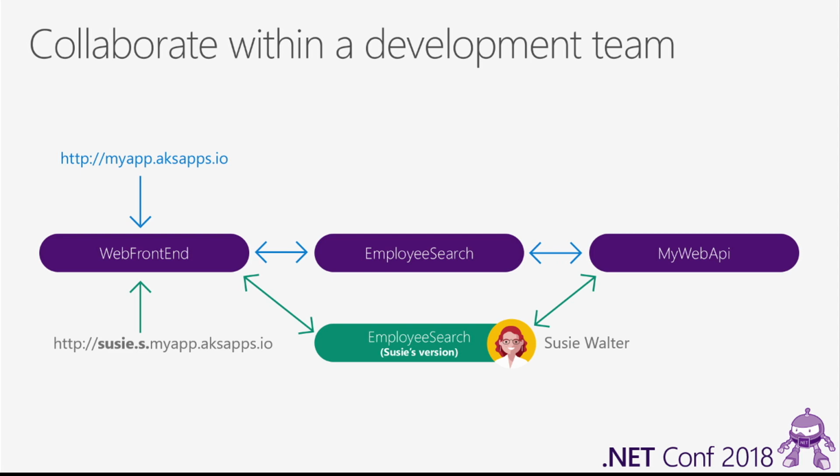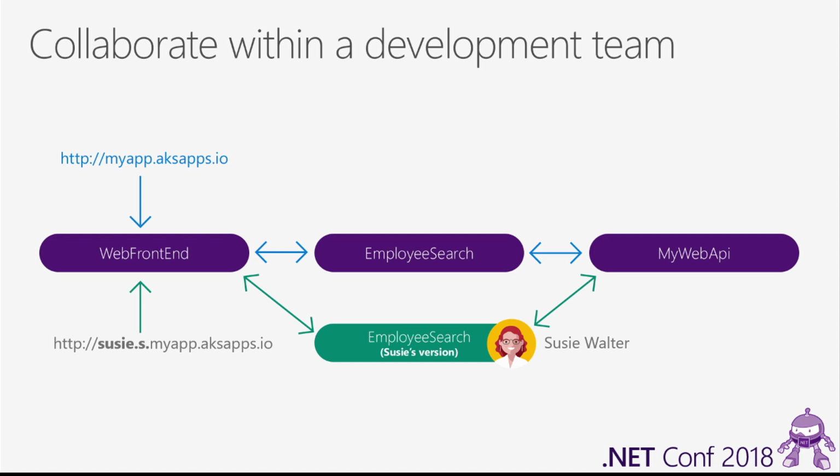When requests come in to the application on that endpoint, the request comes into the Web Front End service. DevSpaces looks to see if there's a copy of Web Front End that's running in Susie's space, because it sees Susie in the URL, and it knows that it needs to look in Susie's space for a copy of that service.